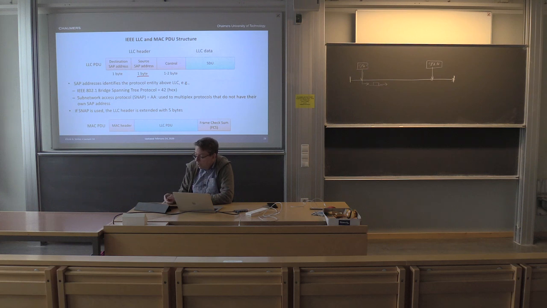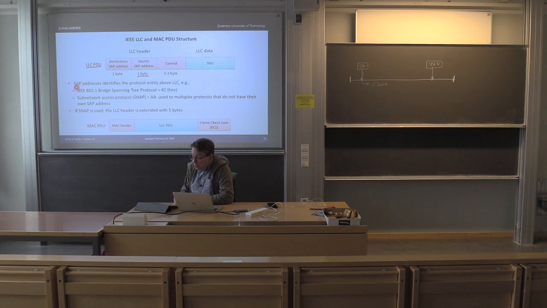So the link layer protocol data unit consists of some header and then some payload. And this payload came from the network layer above. The link layer header is two addresses, destination and source, and then some control bytes needed for internal working of the LLC protocol.